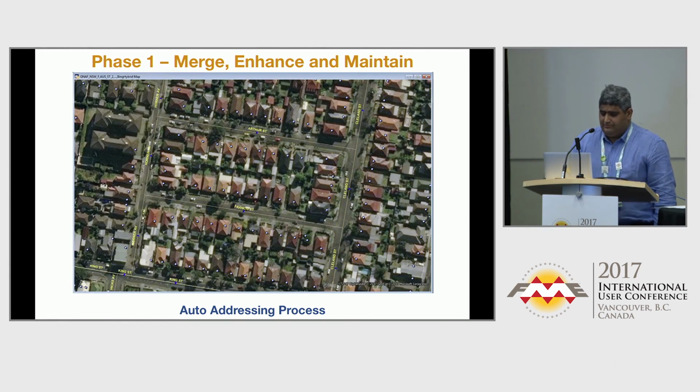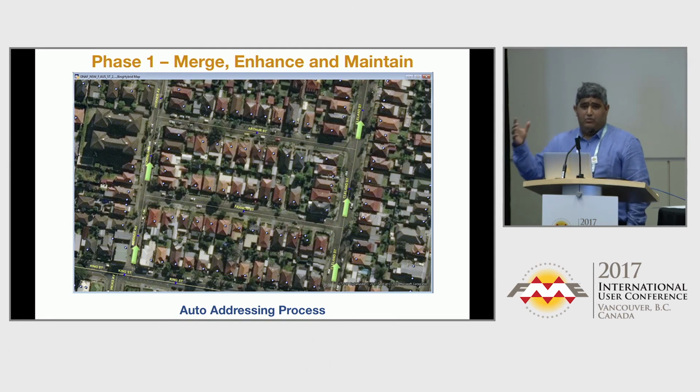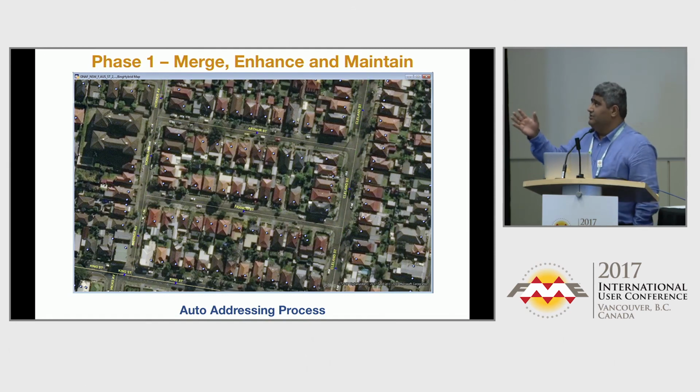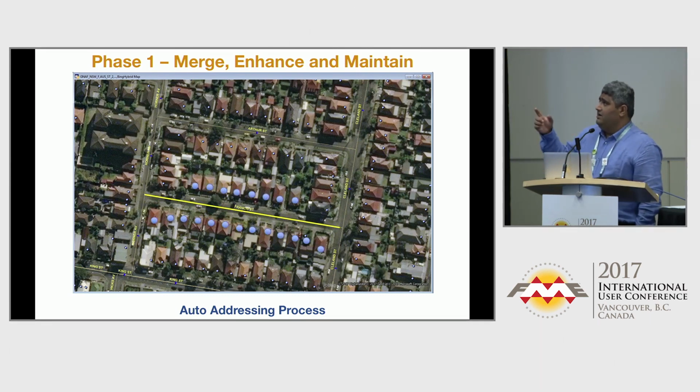To do that, we needed to have correct one-way information and correct line direction on the streets. So we corrected it in previous stages. And we needed to look at the address point data set and identify the street value, whether it is odd or even, and whether all the odd addresses are on one side and even addresses on the other side, or they are mixed or irregular.